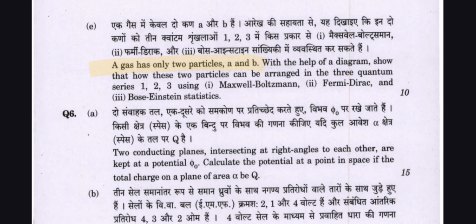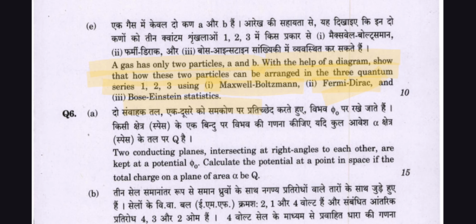And question number is here. A gas has only two particles A and B. Draw a diagram showing how these two particles can be arranged in the three quantum states 1, 2, 3 using first Maxwell-Boltzmann, Fermi-Dirac statistics for fermions, and Bose-Einstein statistics for bosons.